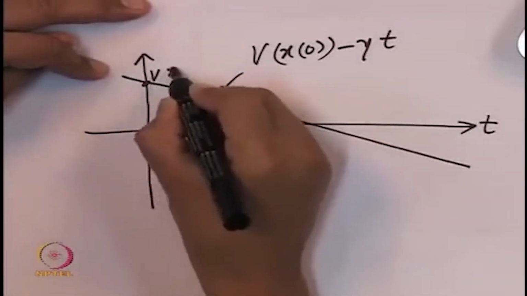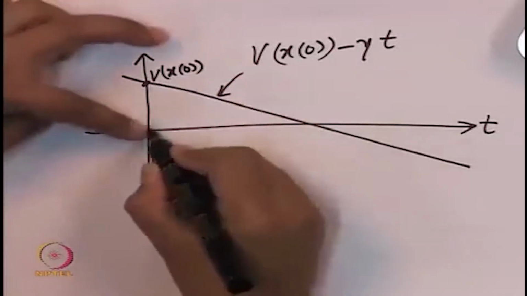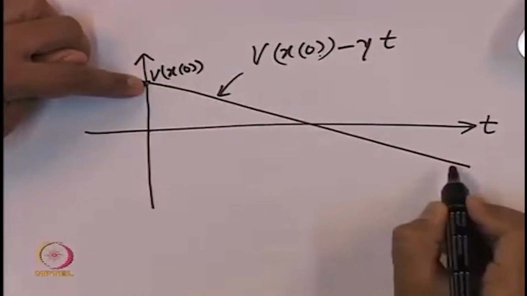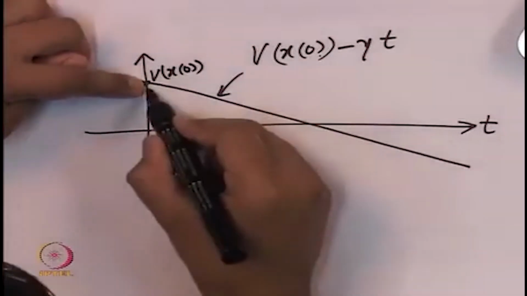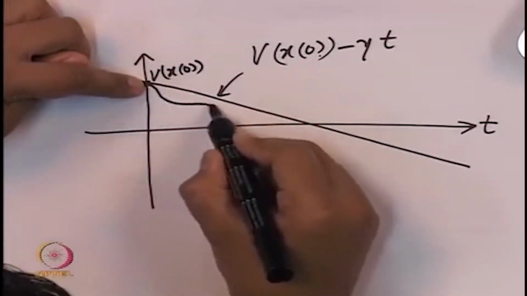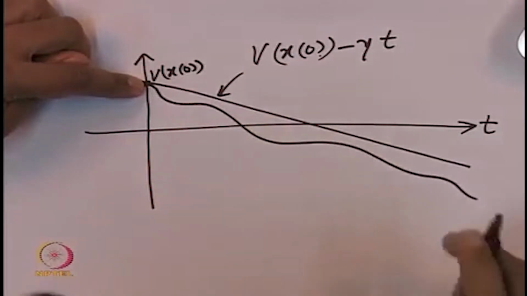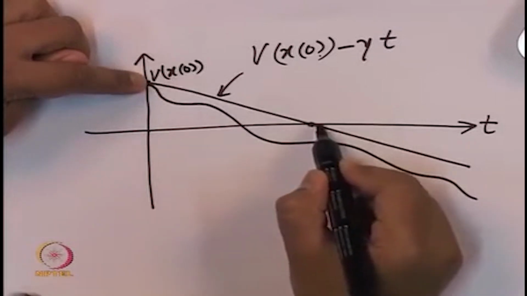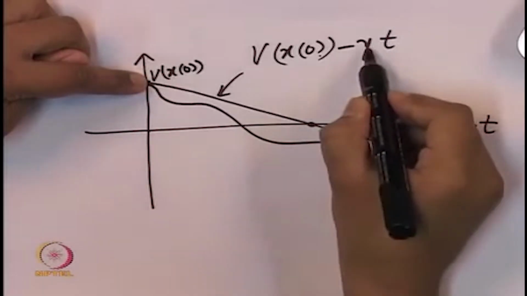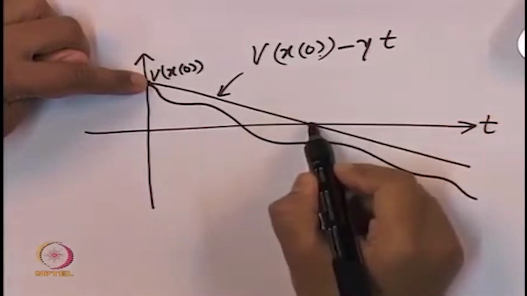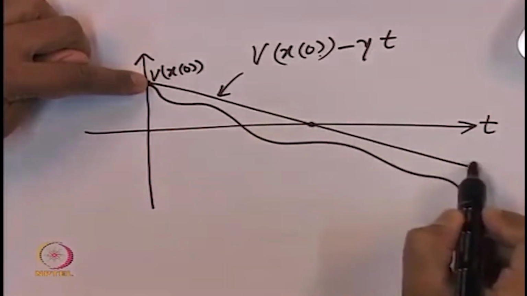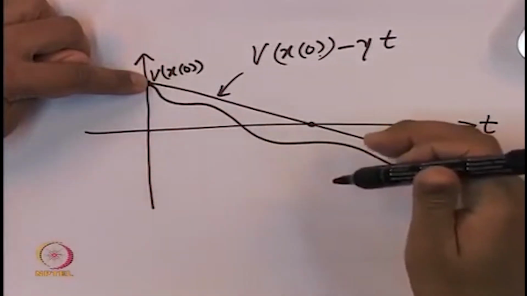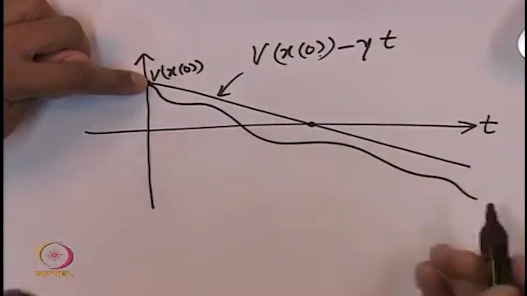This is v of x of 0. At t equal to 0 we get this value, and hence this is where it starts, and our conclusion is that v of x of t itself is always below this line. This line becomes negative at some time. The precise value of time depends on the value of gamma, but it is guaranteed to become negative, and hence this v of x of t, which is below this line, will also end up becoming negative.